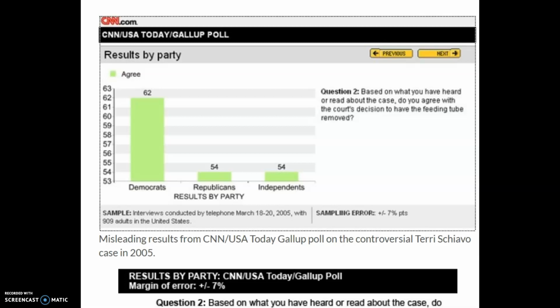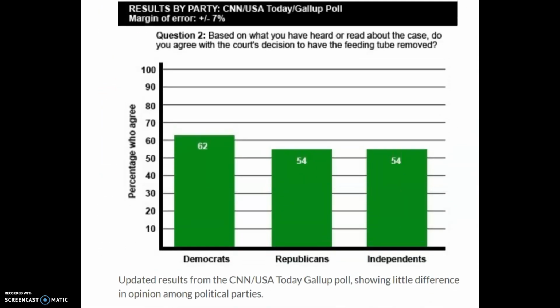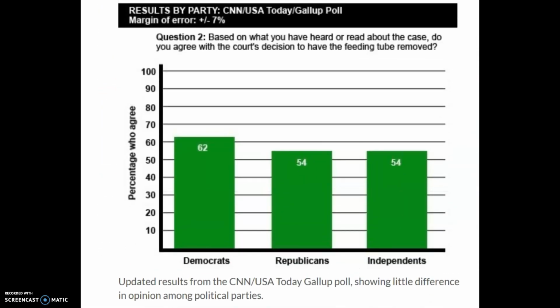So there's a vast difference between these two and this one right here. But notice they start at 53. Now if we start at 0, this is what your graph should look like. Now all these don't really look that different from each other. Notice they start at 0 right here and go in increments of 10.